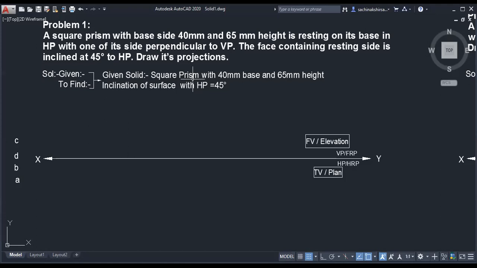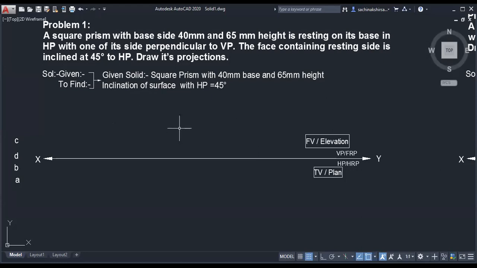Okay, so as in our projection of plane, we have to first observe in which reference plane this particular solid is lying. Is it in HP or in VP? That also we have to see first. If you read the problem statement, its base is lying in where? HP.